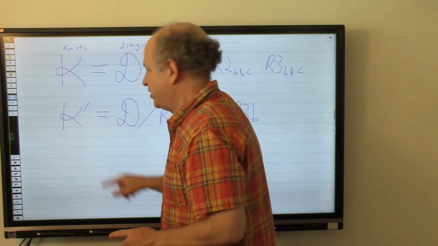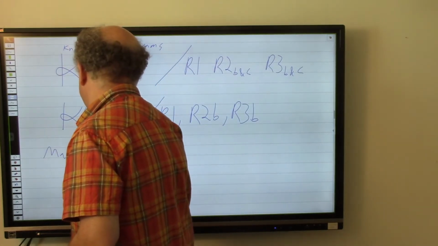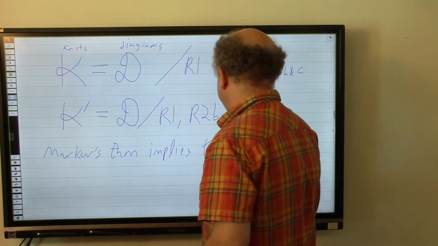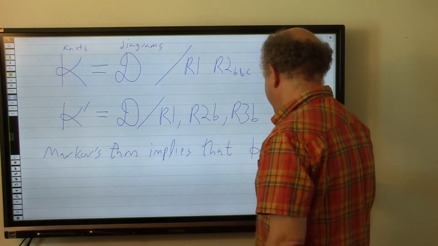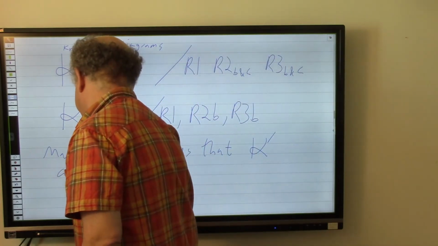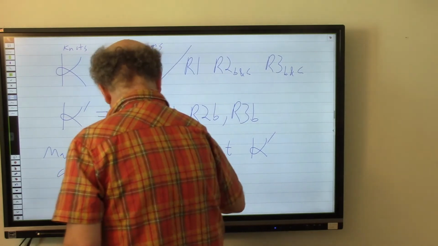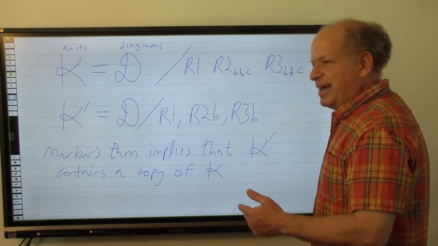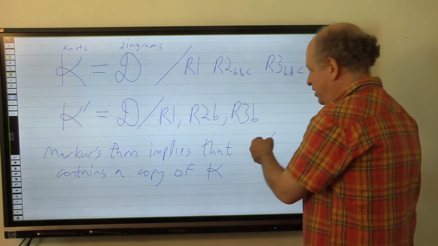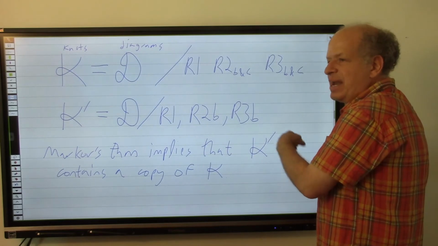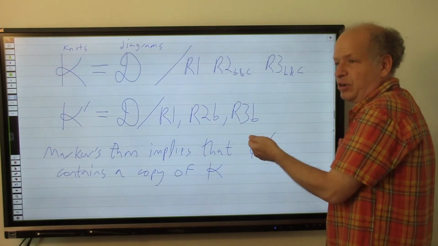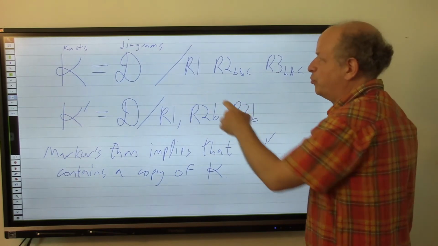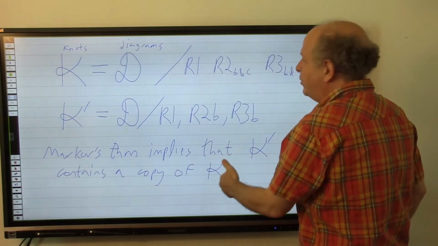Markov's theorem on braids implies that K prime contains a copy of K. Why? Because every knot can be written as a braid closure, and the relations between the braid closures, namely the Markov relations, you can check are all, so the third Markov move, the interesting Markov move, is just a Reidemeister 1, and all the other relations are B-type.